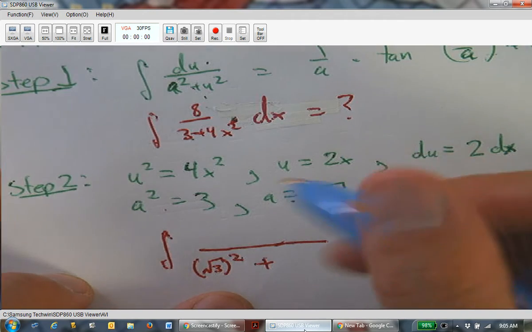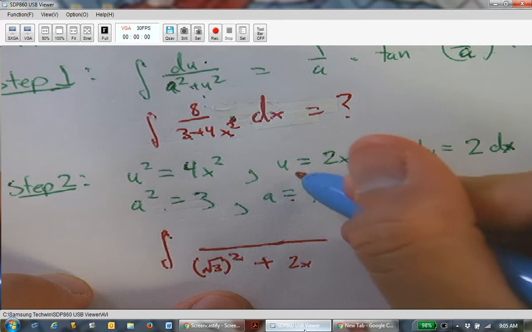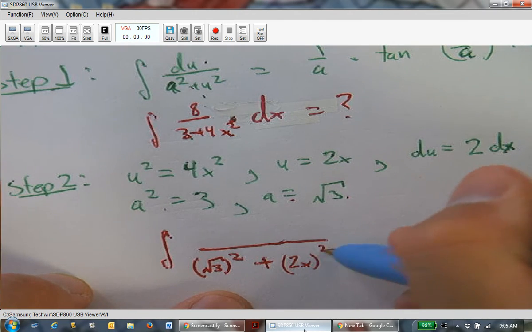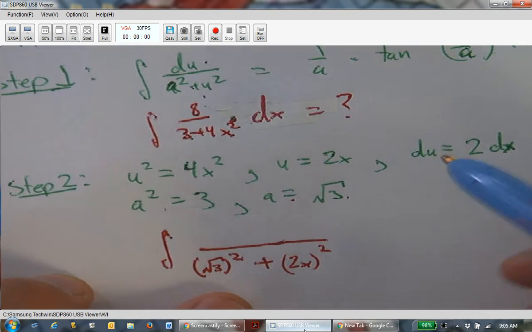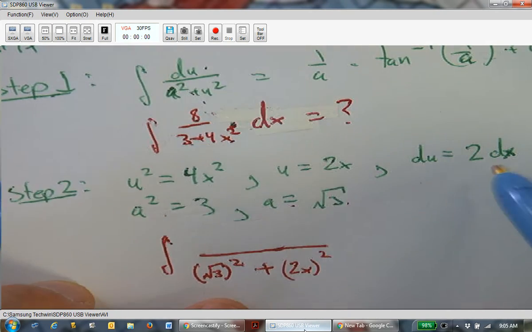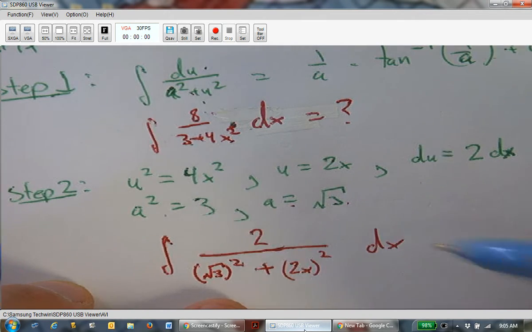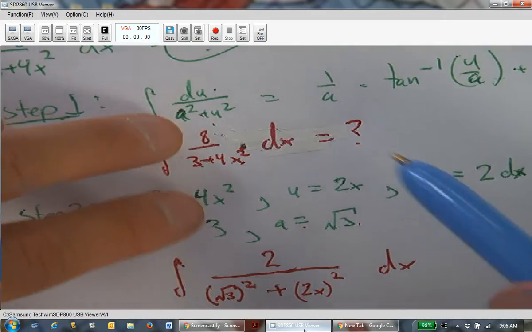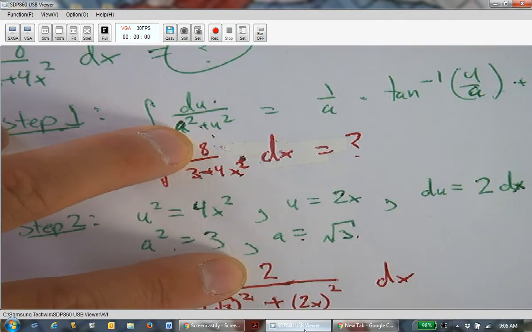And then my u will no longer be written as 4x squared, but the actual u, which is 2x, being squared. And here in place of du, I'm going to put what I got, 2dx.